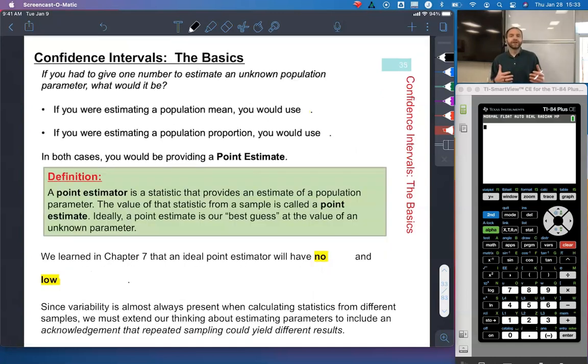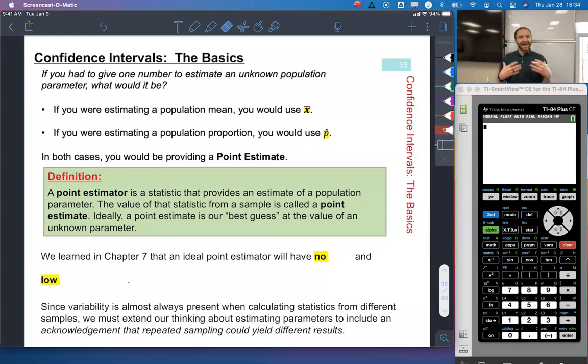If you had to give one number to estimate an unknown population parameter, what would it be? And this was something we discussed in Chapter 7, an unbiased estimator, and we call these point estimates. If I'm trying to estimate a population mean, well, I'm going to use a sample mean. If I'm trying to estimate a population proportion, p, I'm going to use p hat.